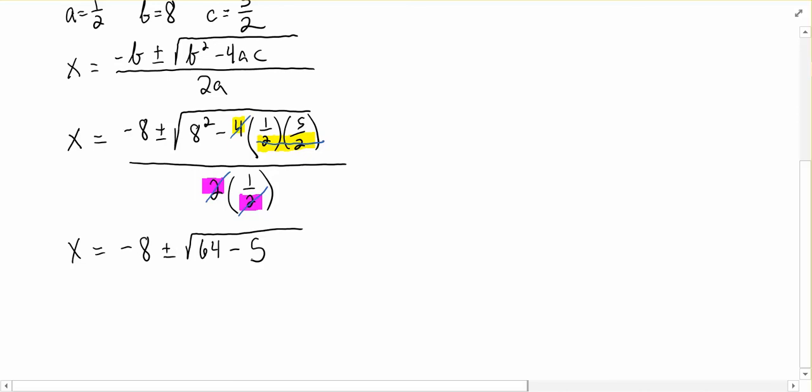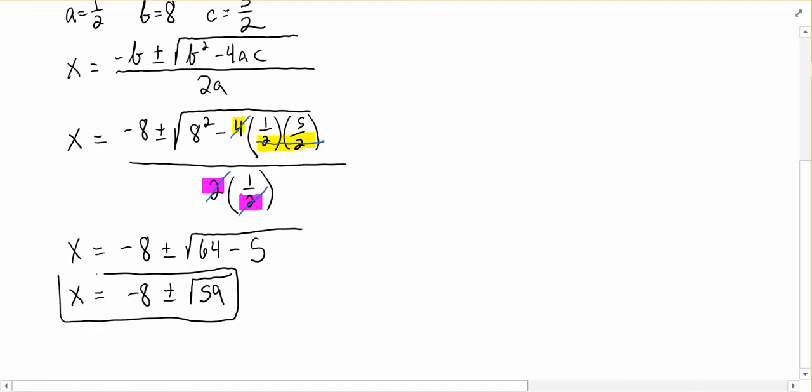The 4 divided out with the 4 that was in the bottom, and I had 1 times 5. In the very bottom, the 2 times 1/2 is 1, so we don't need to even write over 1. All I have left now is to say 64 minus 5 is 59. There's my answer. Nice and simple.